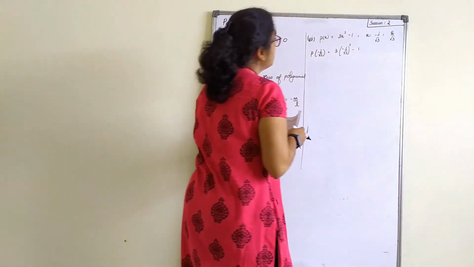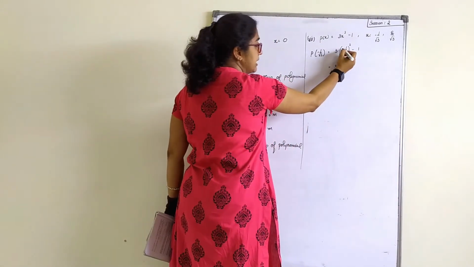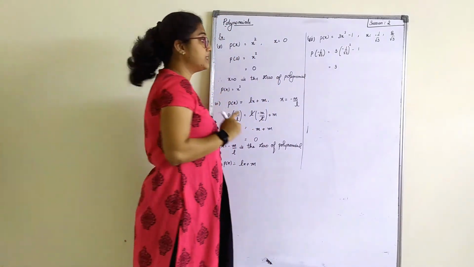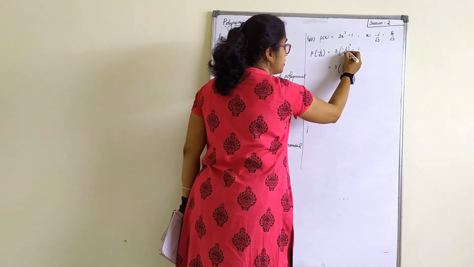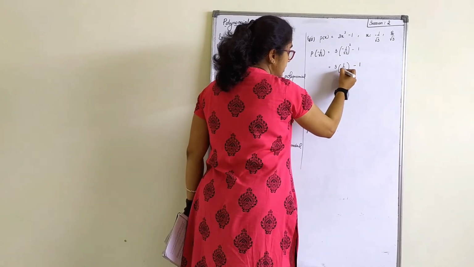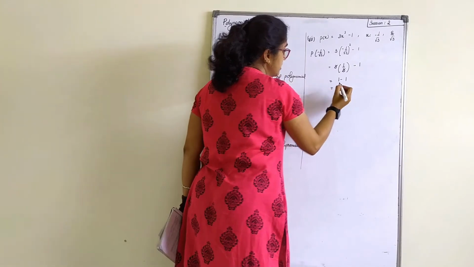So here, minus 1. I'll keep this 3 as it is. A negative number raised to an even power gives a positive answer. So this will be 1 by 3, correct? Because the square and root will get cancelled, minus 1. 3 and 3 will get cancelled, 1 minus 1 is 0.